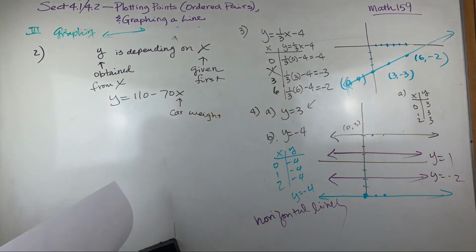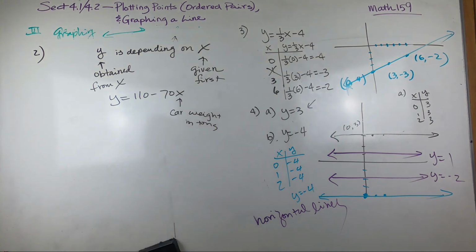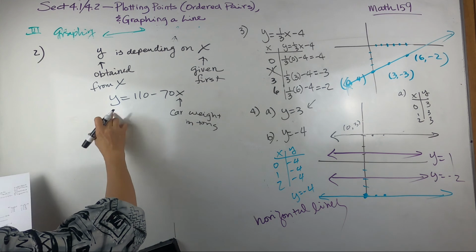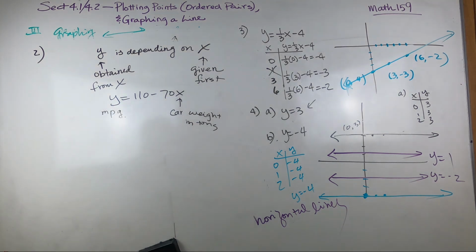Then the heavier the car is, the more gas you need to use. So this is gas mileage. So this is miles per gallon. Gas mileage, right? Miles per gallon. Is that right? So if we graph this line, how does it look like?